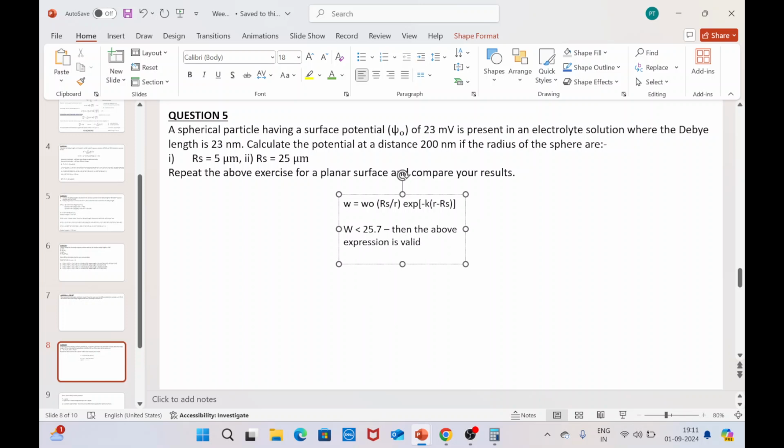If not, this expression becomes invalid. Please keep that in mind. Since the psi naught value is 23, which is well below 25.7, we can use this expression.